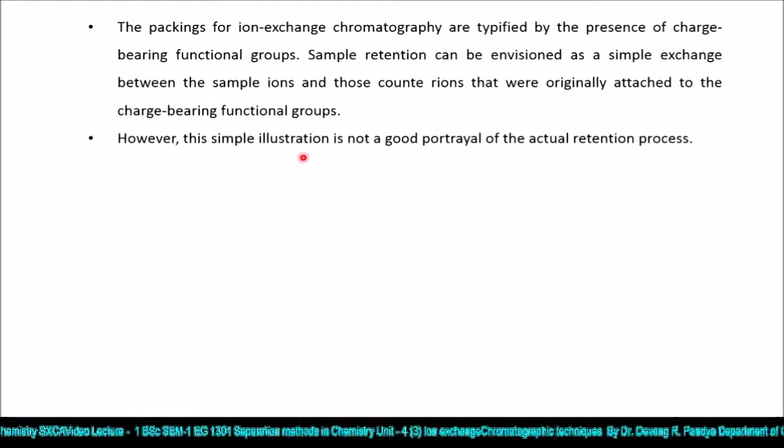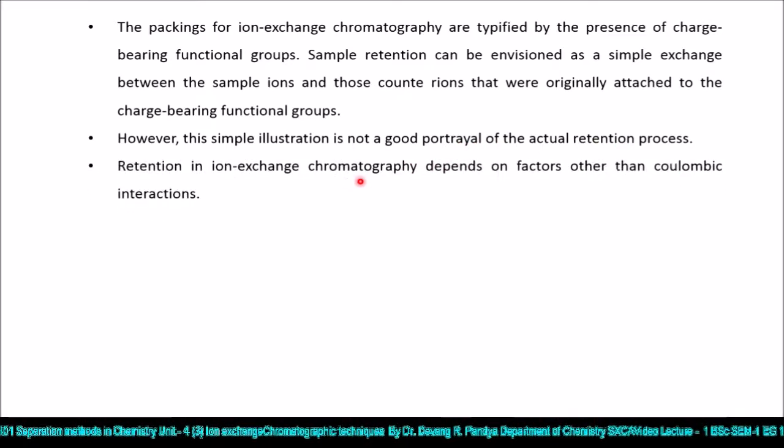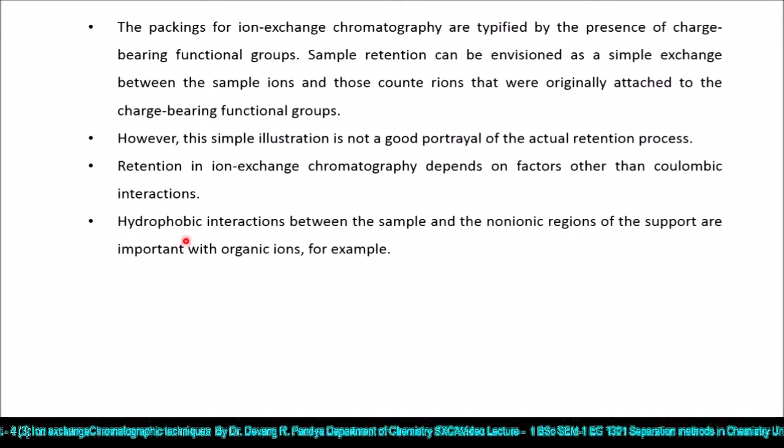However, this simple illustration is not a good portrayal of the actual retention process. Retention in ion exchange chromatography depends on factors other than Coulombic interaction.